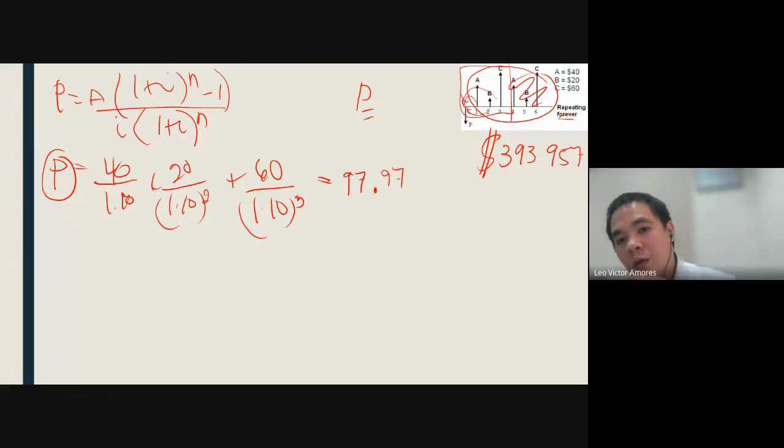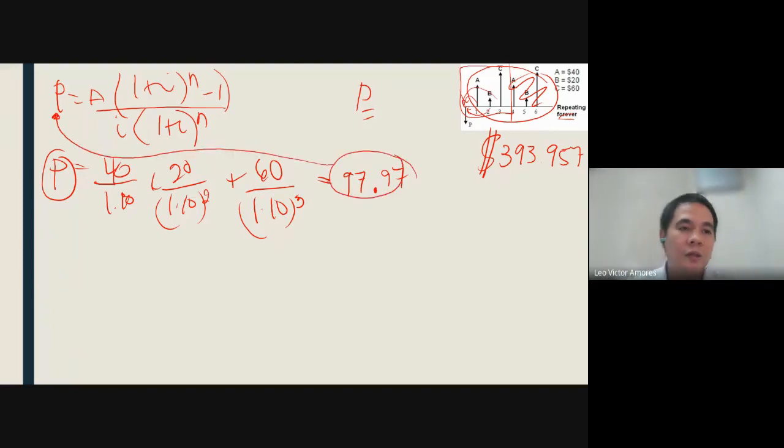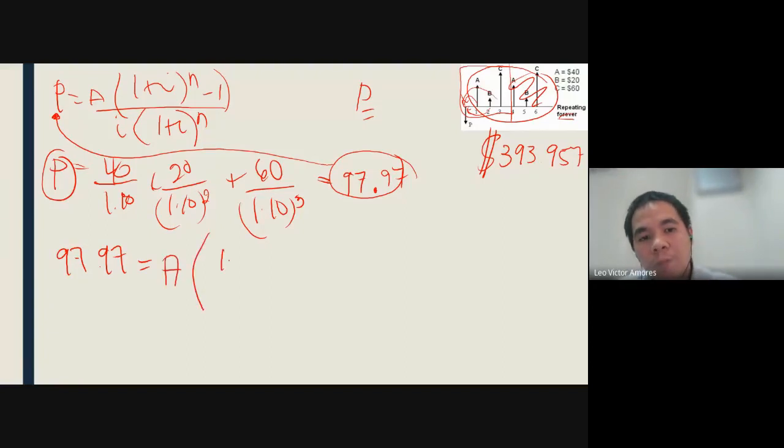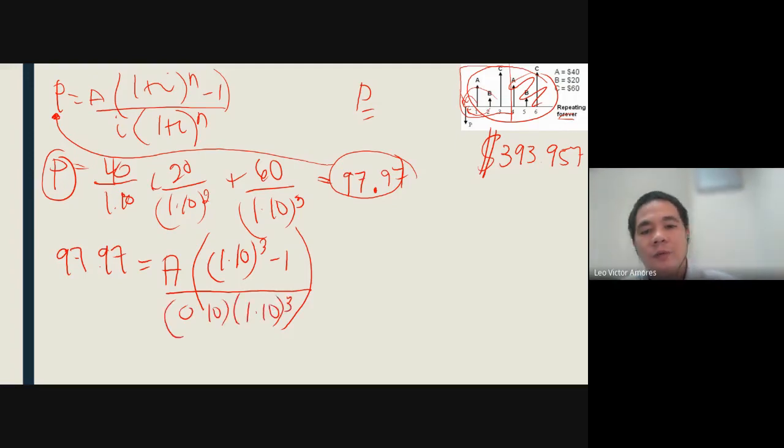Meaning, kani siyang 97.97, mao sa imong value diri sa P. So, meaning ani mong P, 97.97 is equal to A, 1.10 to the power of pila man ka payments, 3, minus 1 divided by 0.10 times 1.10 to the power of 3.